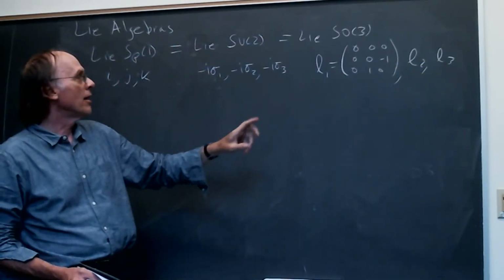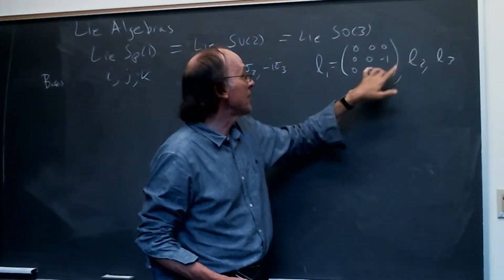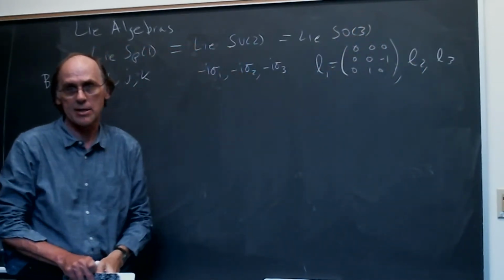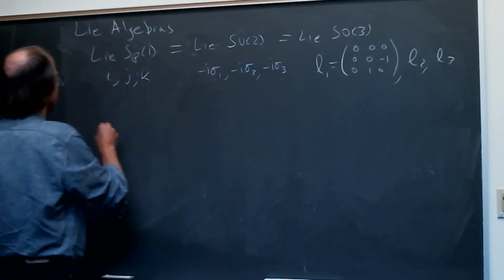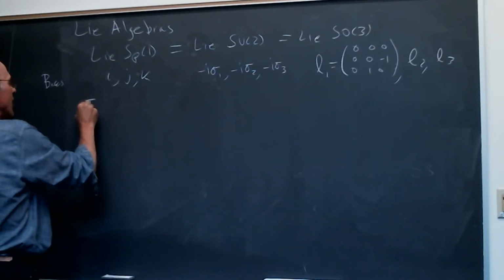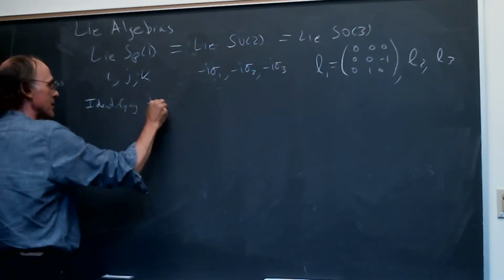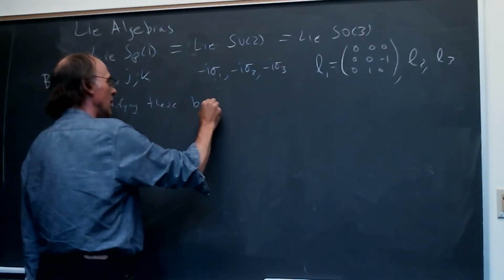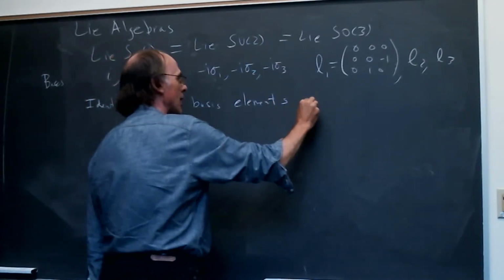Again, here you have a basis for a three-dimensional real vector space, and these are all isomorphic. Identifying these basis elements preserves the bracket.